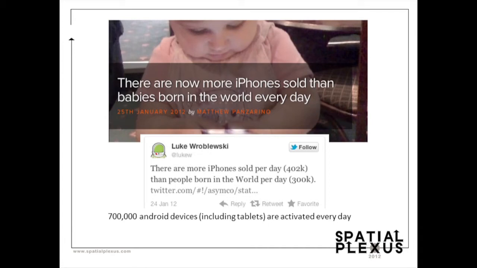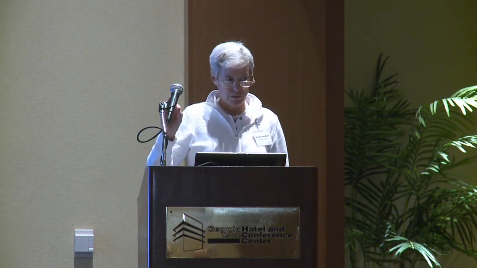We talked a little bit about technology, and this is an interesting statistic: there are more iPhones sold than babies born every day. That's a pretty interesting statistic. And there are 700,000 Android devices activated every day. That's a lot of tablets, that's a lot of mobile computing, that's a lot of probes. Every one of those devices is a probe of the environment that gives us a real-time, zoomed-in sample, right?